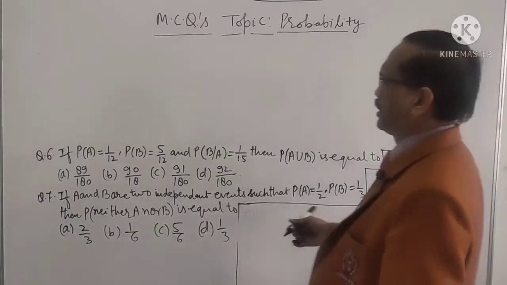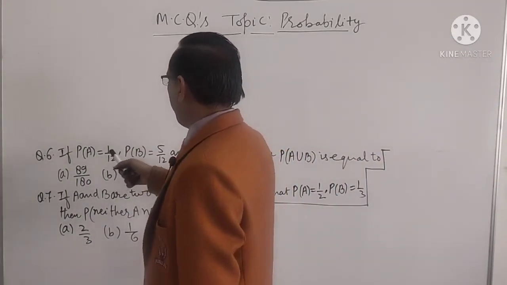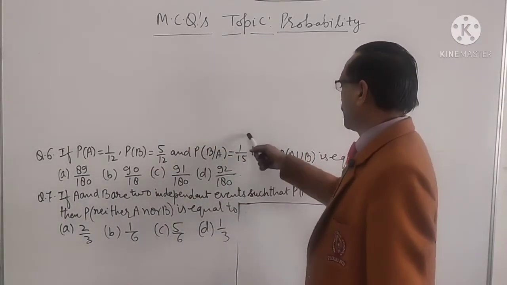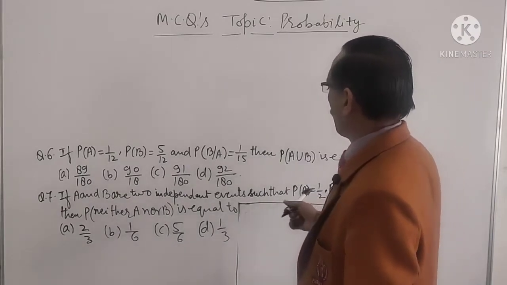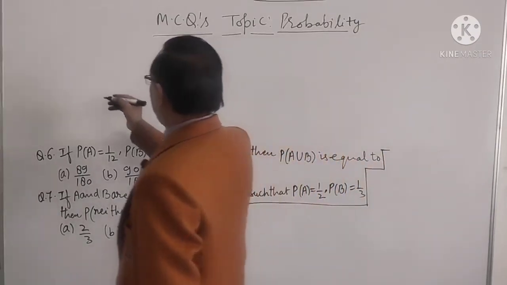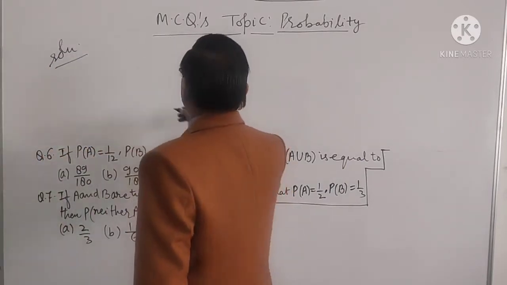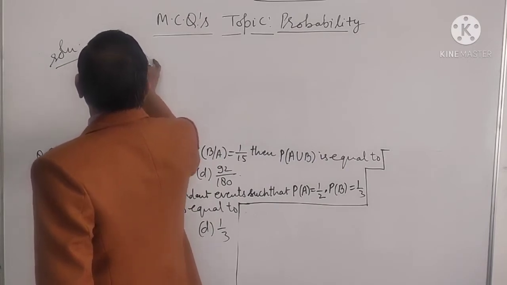Next question says if P(A) is 1 by 12, P(B) 5 by 12, P(B|A) is 1 by 15, then P(A union B) is equal to what? So first of all, we will find P(A intersection B).